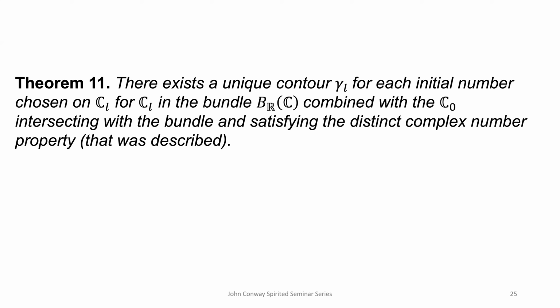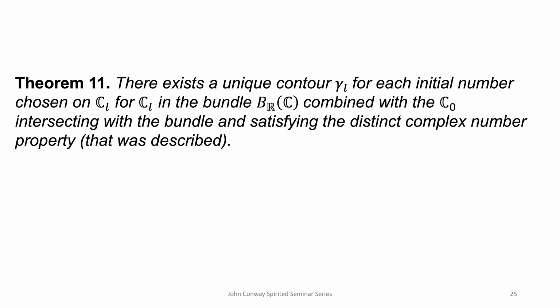There is a possibility that within the disk the same complex number could be picked again, but that is avoided there. That is what distinct means: once a complex number is picked, it is blocked. Thank you, good point.